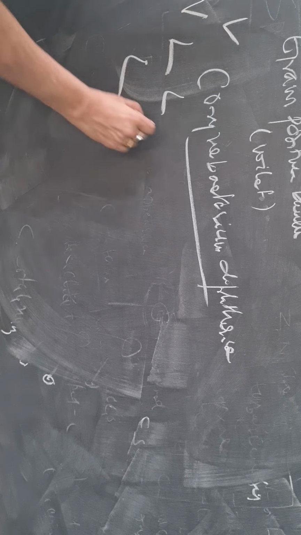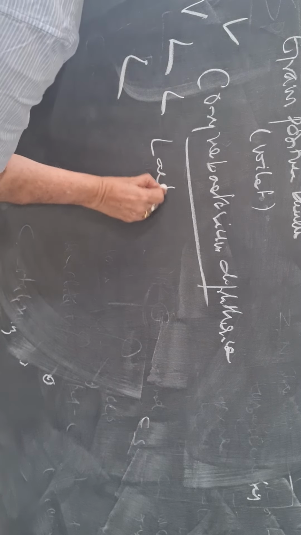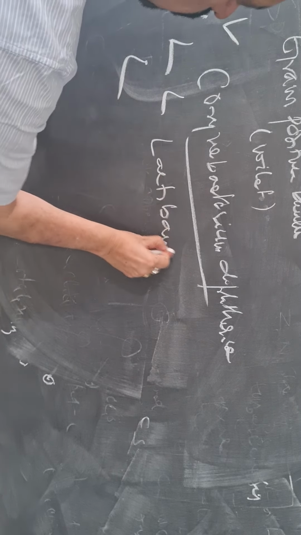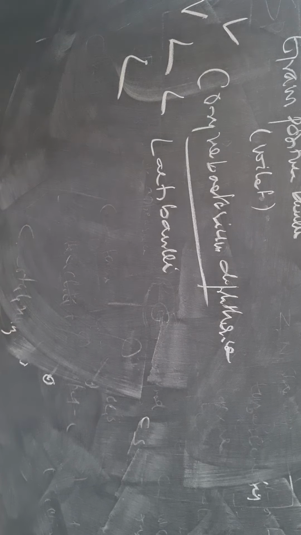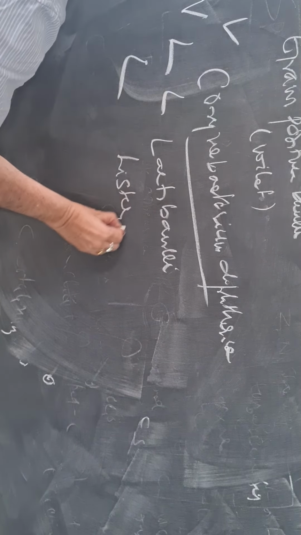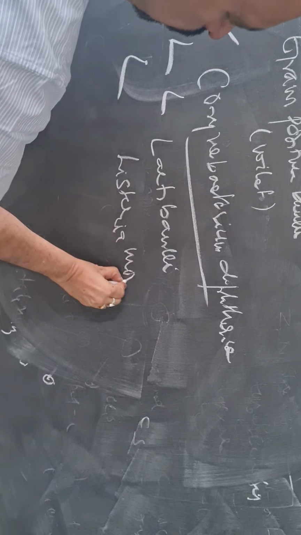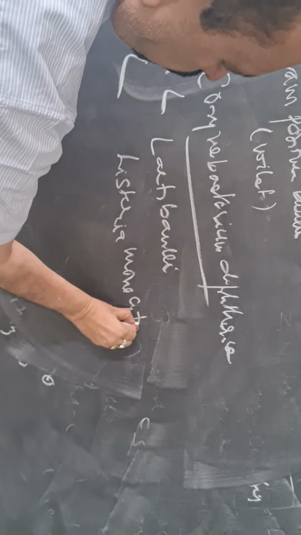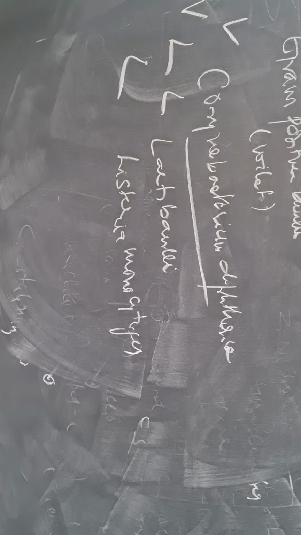Next one is Lactobacillus. They are present in the milk, that's why it's called Lactobacillus. Then Listeria monocytogenes, it gives rise to meningitis.